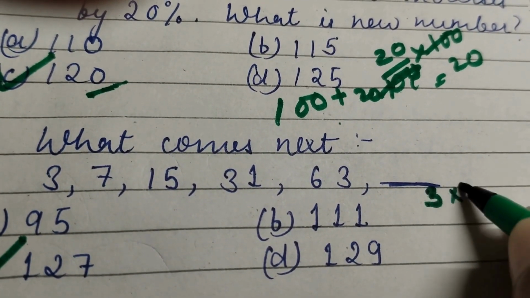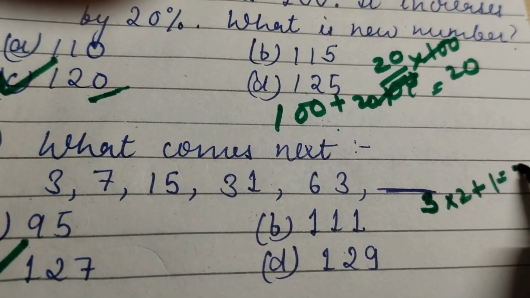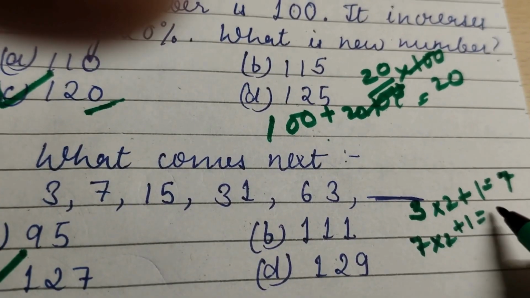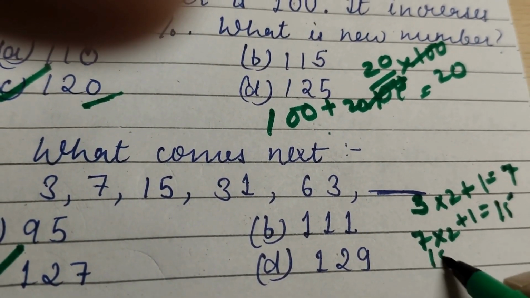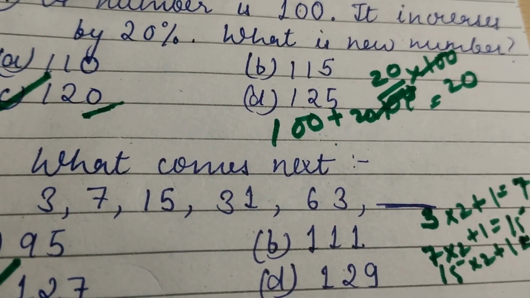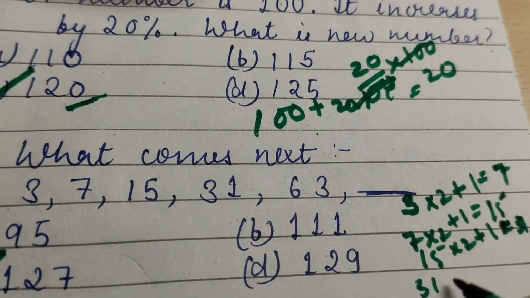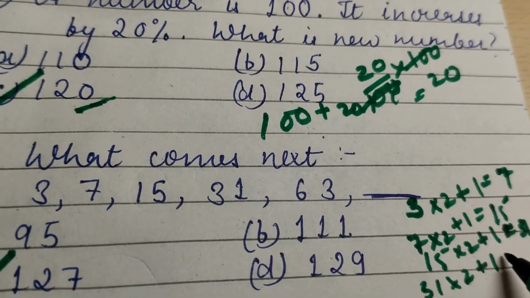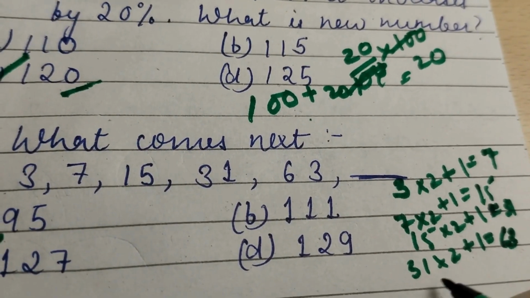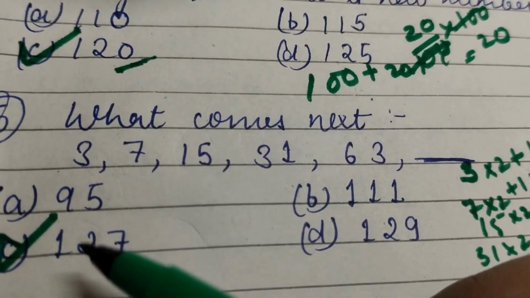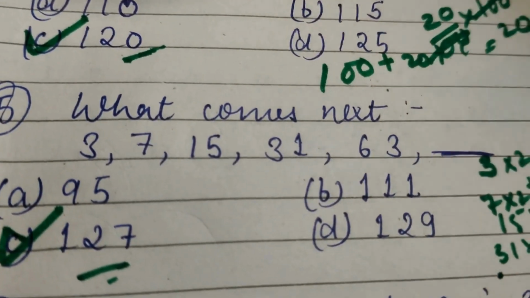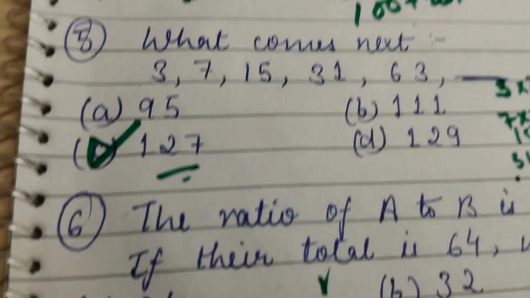Because 3 into 2 plus 1 is equals to 7, and 7 into 2 plus 1 equals 15, and 15 into 2 plus 1 is 31, and 31 into 2 plus 1 is going to be 63, and then if we do the same for 63, then we get 127. So now let's move on to the next problem.